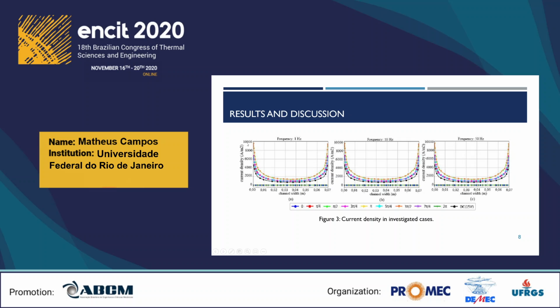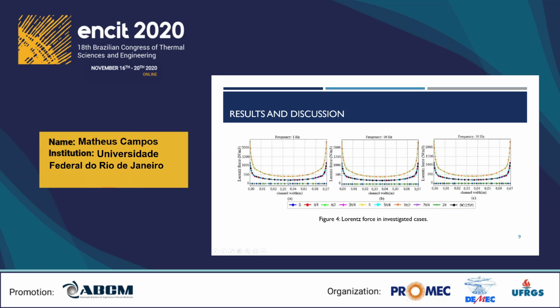The maximum occurs close to the electrodes in the walls, while the minimum values are reached in the center. This kind of behavior will repeat for the Lorentz force, since the Lorentz force depends on the current density.